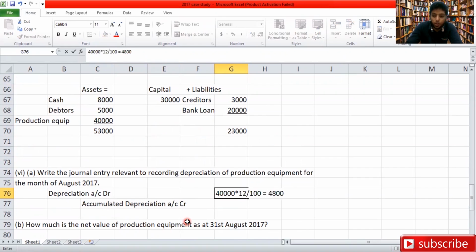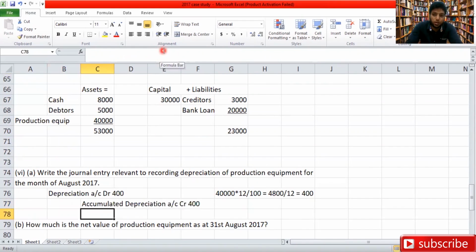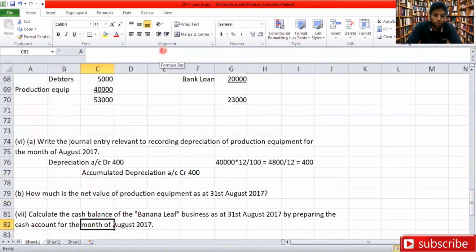Now this is annual, but I need to divide it into months, so I'll divide by 12. It's only for the August month, so it's 400. So I can write here depreciation account debit 400. It's not a must to show the workings, but it's better you show the working like I showed beside the adjustment which I have written. So we have done the basic adjustment of writing the double entry for depreciation.